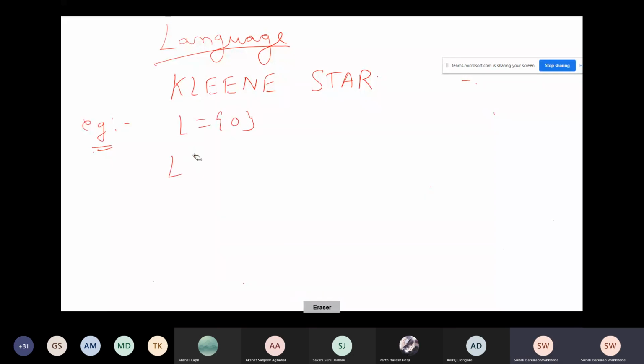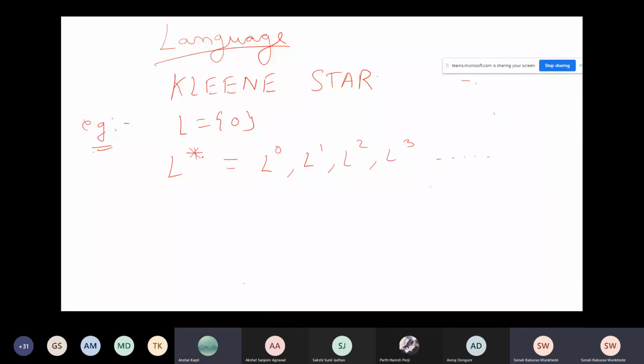L star will be all the values of L to the power of n. That is, it can be L raised to 0, L raised to 1, L square, L cube, and so on. All the values.